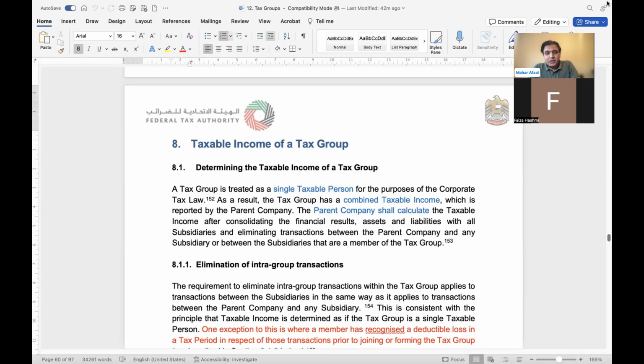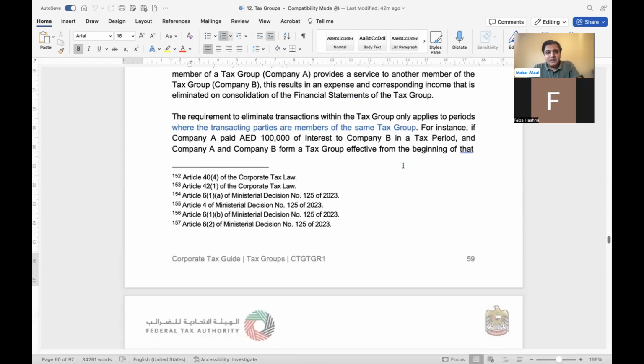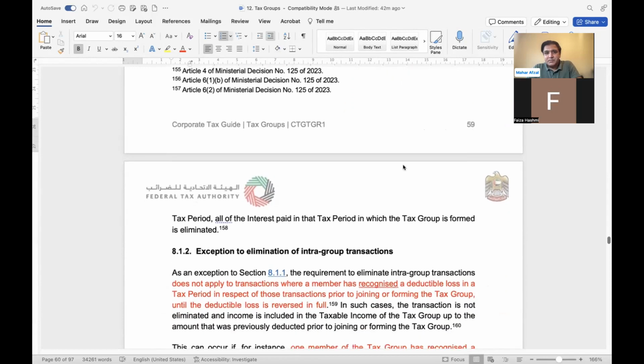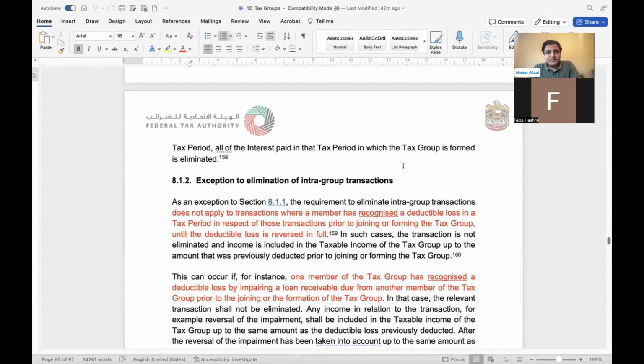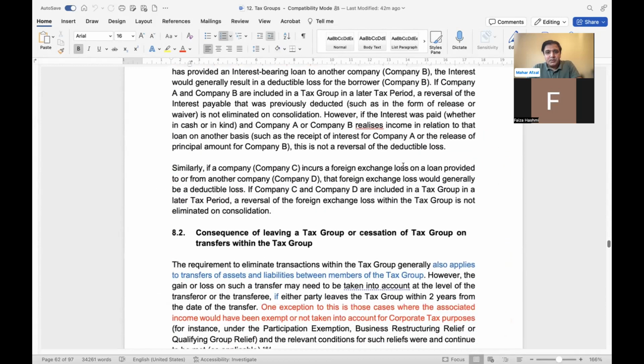This was a transaction where we claimed losses related to it, which reduced our taxable profits, and after entering into the tax group, the reversal of those losses and profit would again give us the benefit. That transaction will not be eliminated unless and until all the previous losses have been reversed. We discussed this in a previous lecture.